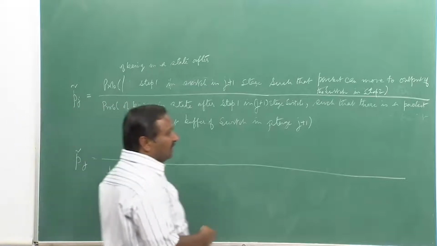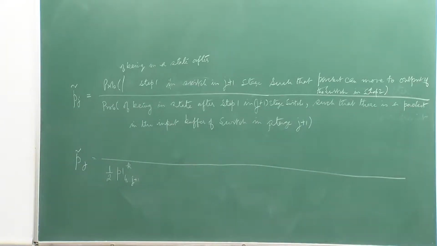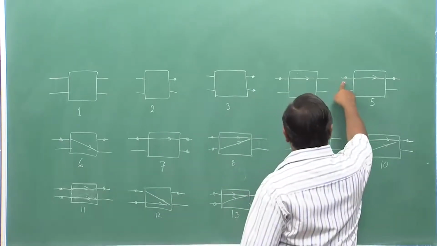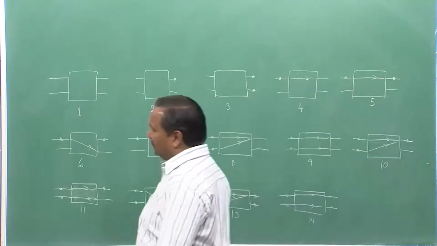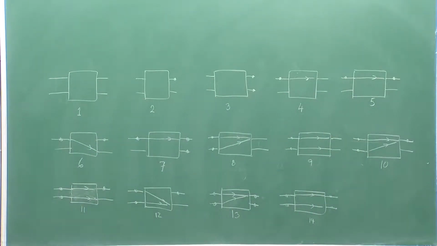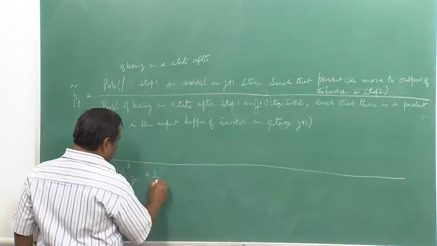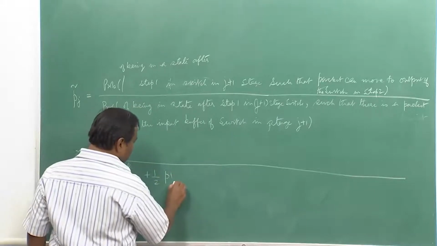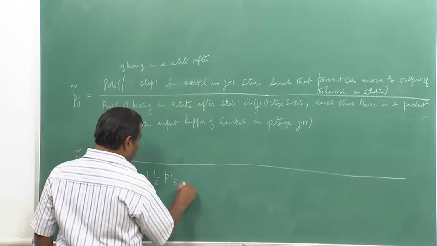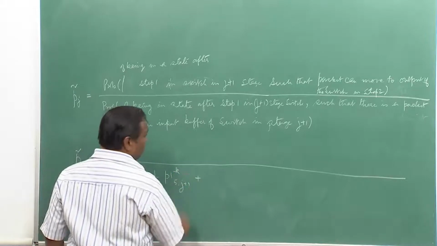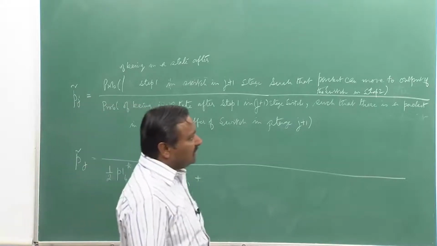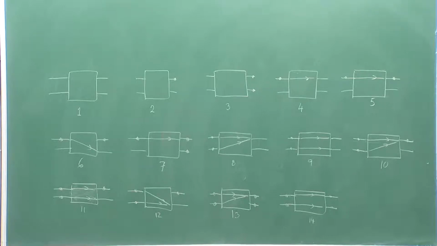Okay. Now let us look at the next one. This one also contains only one packet, so with half probability this also I need to put in. So I will put half p of 1 5 j plus 1 k. We can keep on looking, so similarly I need to do it for 6.